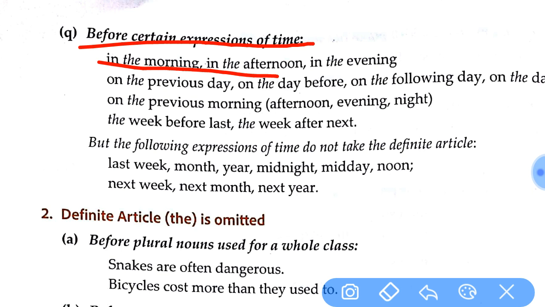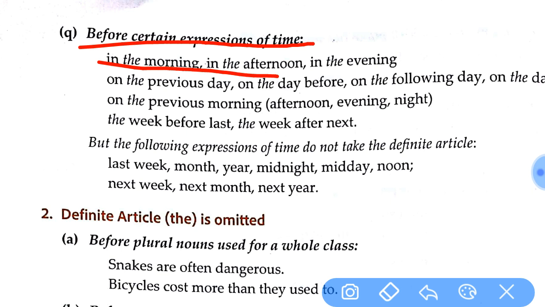Then names of countries which have adjectives plus a noun, then before ordinal numbers, superlative adjectives, adjectives when they are used as nouns. Then we have the with the singular countable noun when used as a whole class, like the elephant, the atomic bomb, etc. Then the next and last normally particularize a thing.